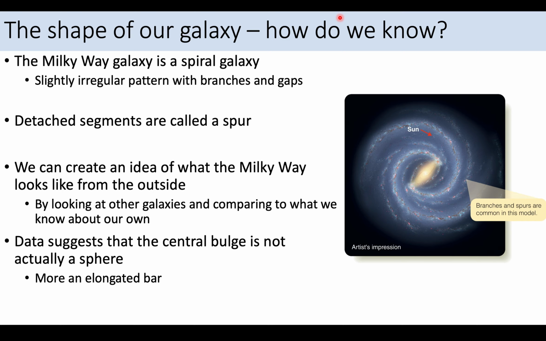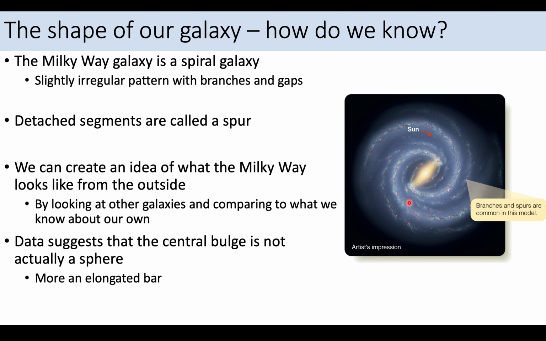The shape of our galaxy: we don't have a picture like this. This is an artist's impression from our textbook, but using what we know about other galaxies and compared to ours, we can actually determine the shape. So our galaxy is a spiral galaxy, makes a spiral, but it's not a perfect spiral. There are some irregularities.